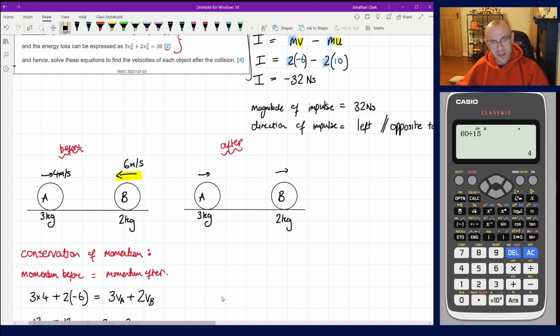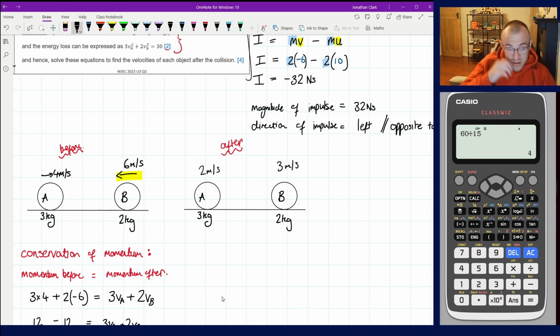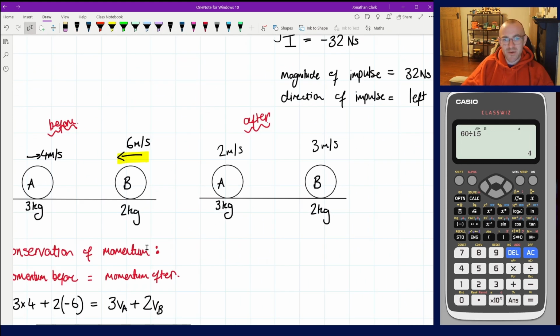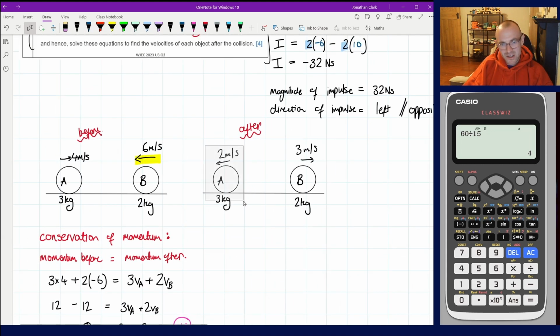I'm going to get rid of the arrows for a second. B was 3. So they've collided, and we're trying to work out where they must be going. If they were still going that way, then that would imply that they were going to collide again. That doesn't make sense after the collision's already happened. So what must be the case is they need to go in opposite directions. Must have it bouncing back in that sort of way. So the correct answer set must be that A is minus 2 and B is plus 3.